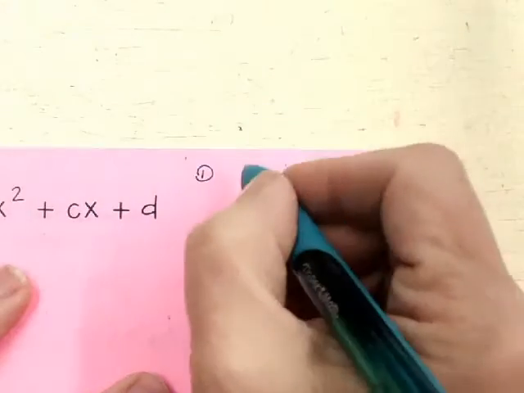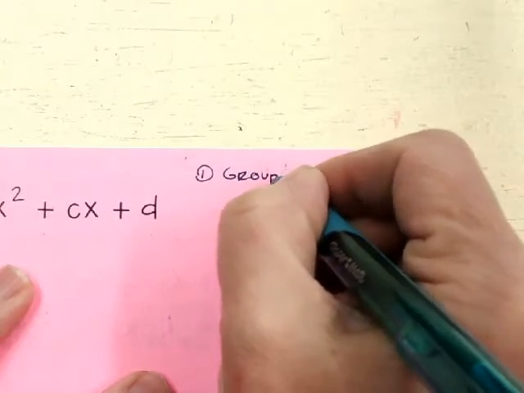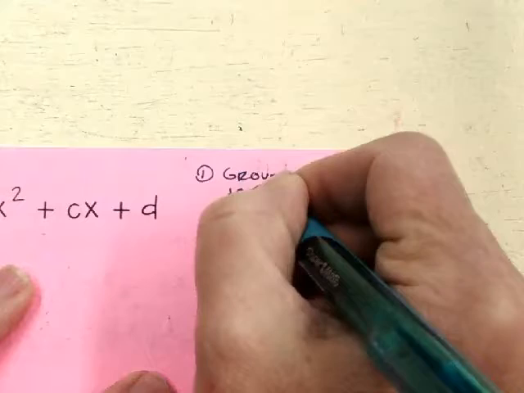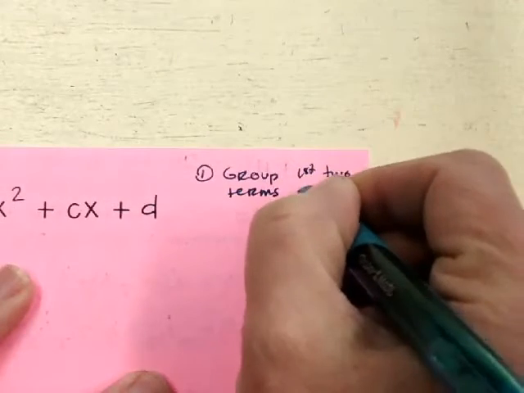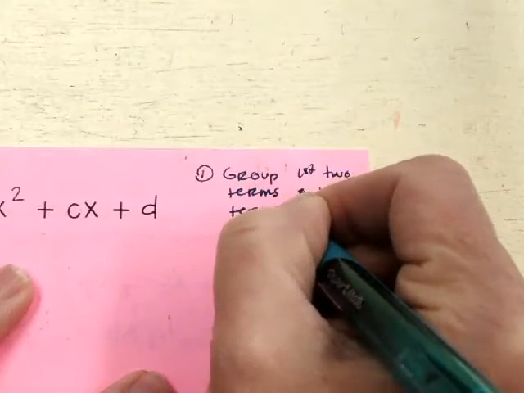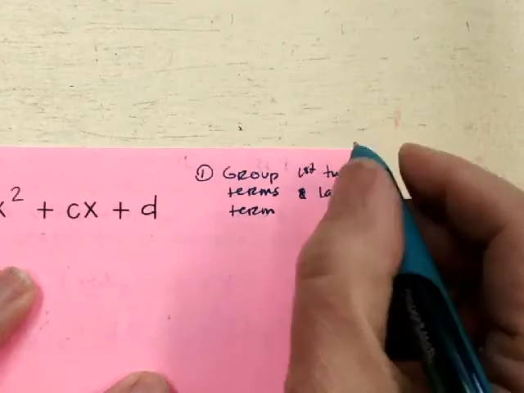So the thing that you do is you're going to group, hence the name grouping, the first 2 terms and the last 2 terms. But what you really have to do is see if those first 2 terms have a greatest common factor and the last 2 terms have a greatest common factor, and that's how you want to put things together.